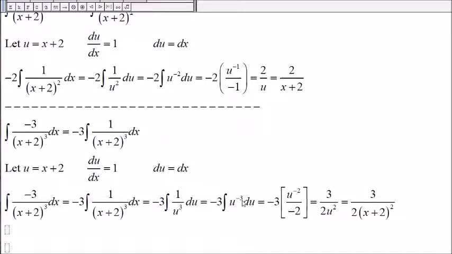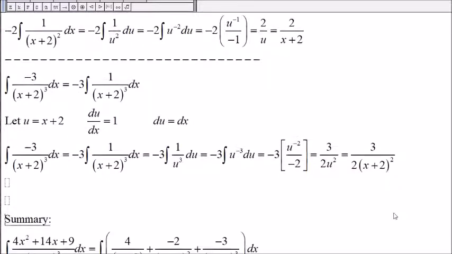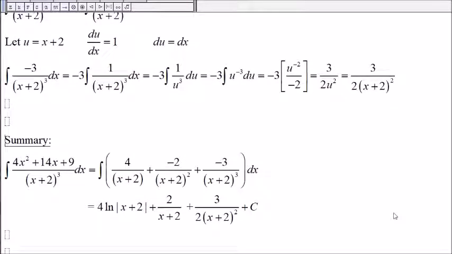Add 1 to the exponent, we get negative 2, and then divide by negative 2. Negative divided by negative is positive, and then move the u to the negative 2 to the bottom. So we end up with 3 over 2u squared, which is 3 over 2 times x plus 2 squared. And so in summary, the original integral is equal to this.